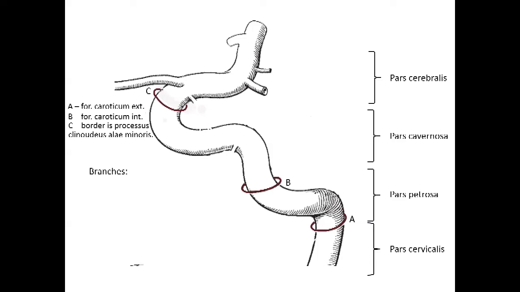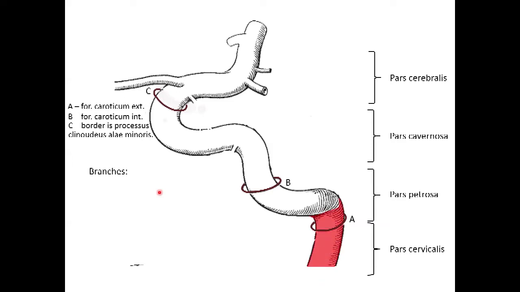So let's return to our presentation. So we can find that arteria carotis interna has 4 parts: pars cervicalis, pars petrosa, pars cavernosa, and pars cerebralis.